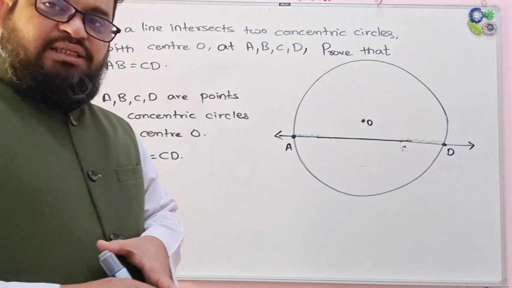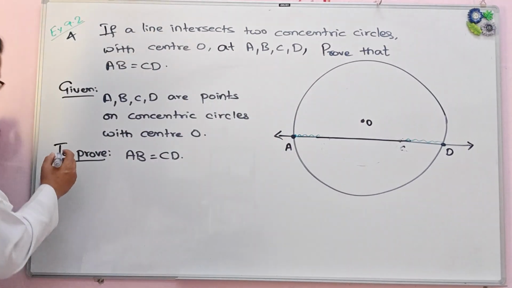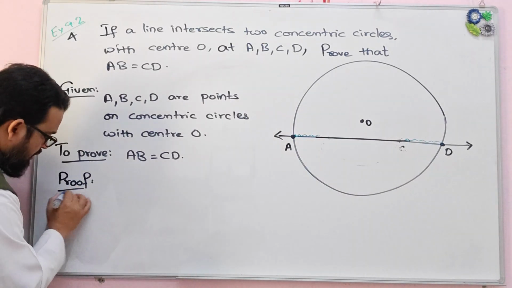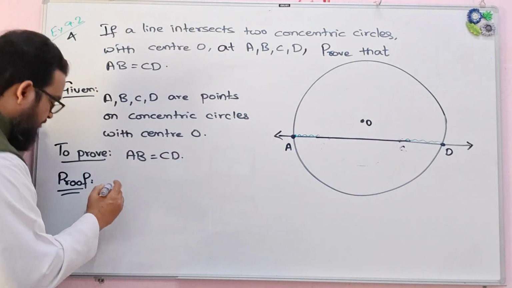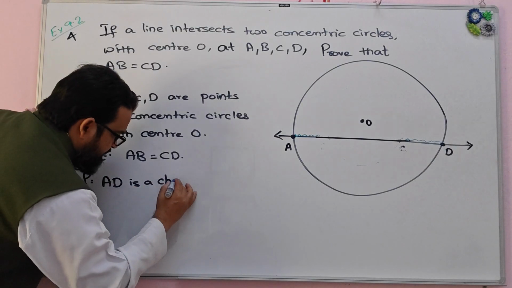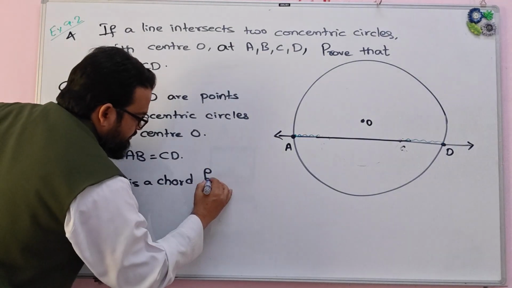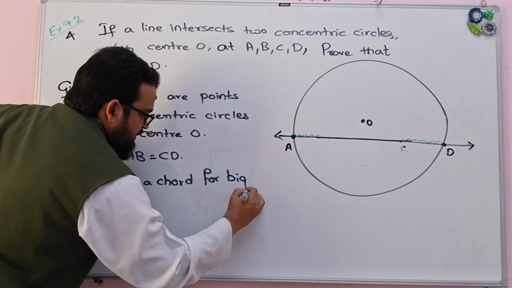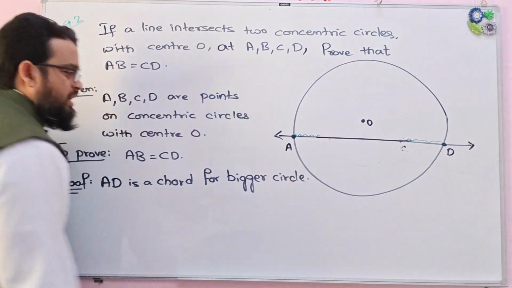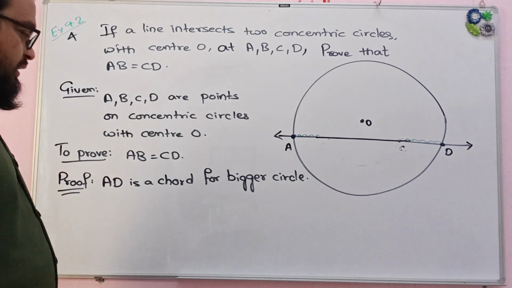It is called a chord. So now let us write the proof. AD is a chord of the bigger circle. Is it right? AD is a chord to the bigger circle.